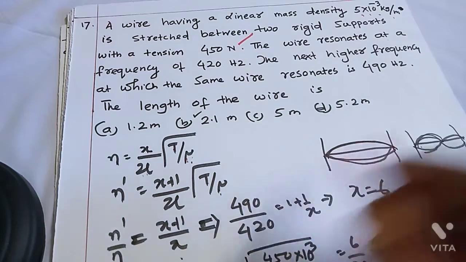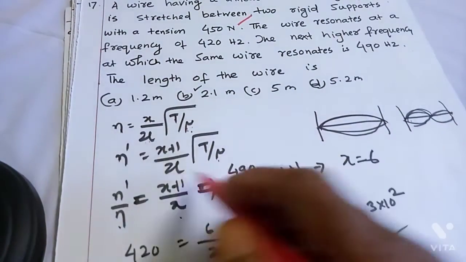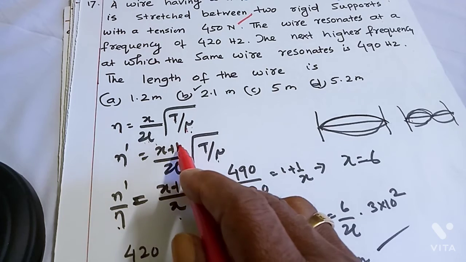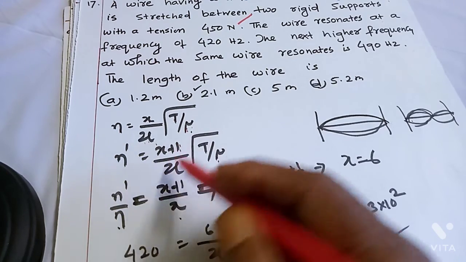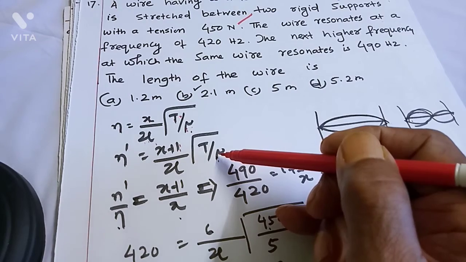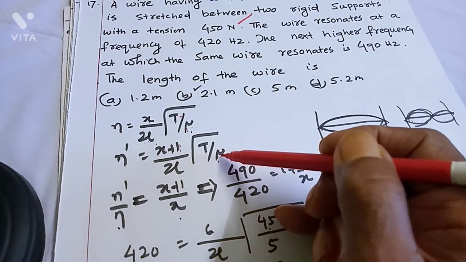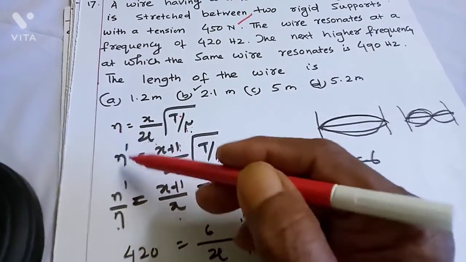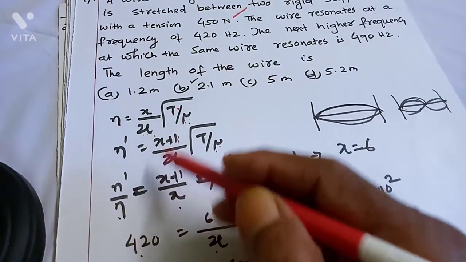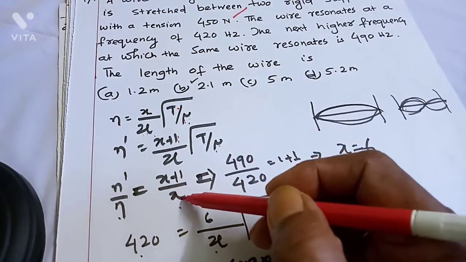So the frequency in the next higher mode is for x plus 1, that is the string vibrates in x plus 1 segments. So here tension is fixed, mass per unit length is fixed, the variable is the frequency at which it resonates. So n dash by n is x plus 1 by x.